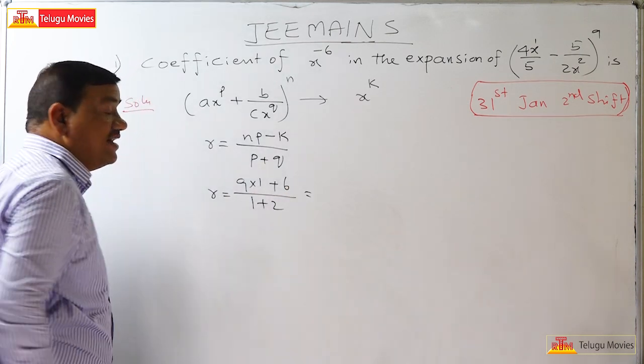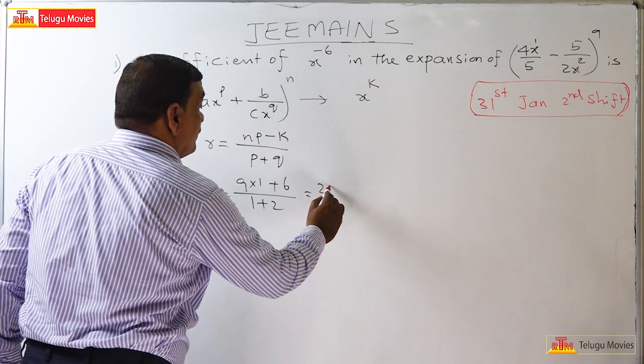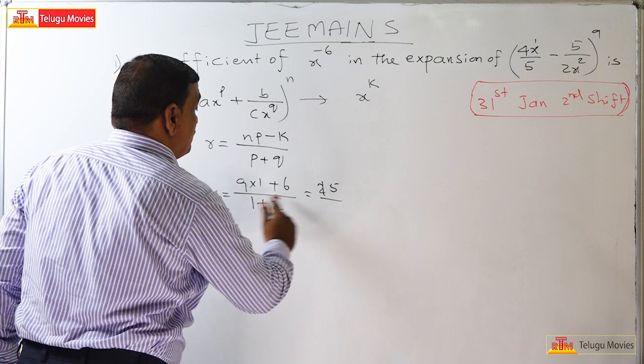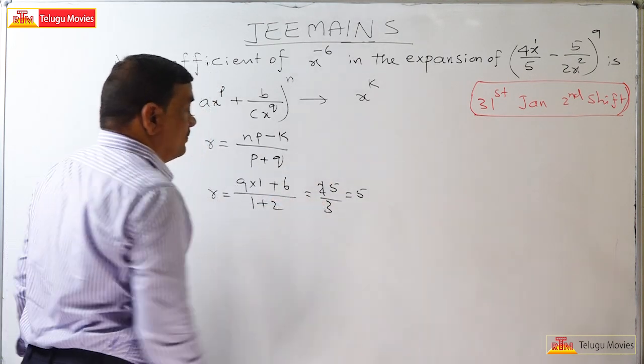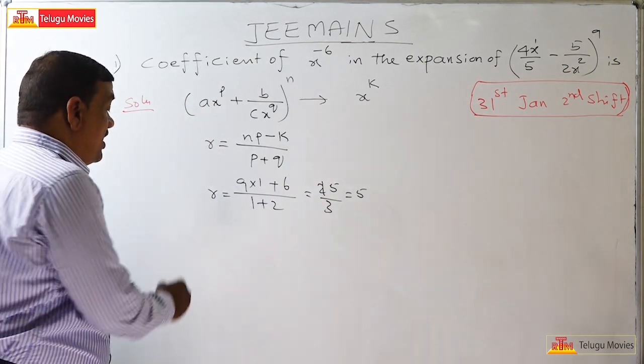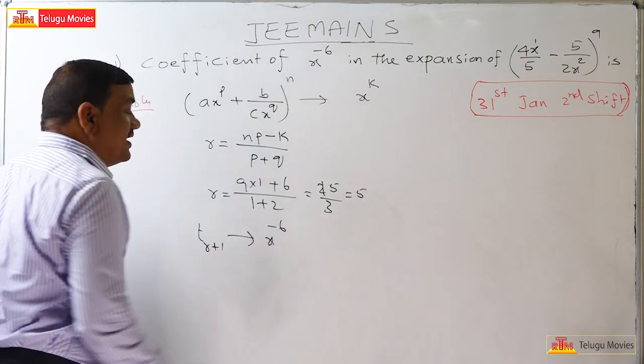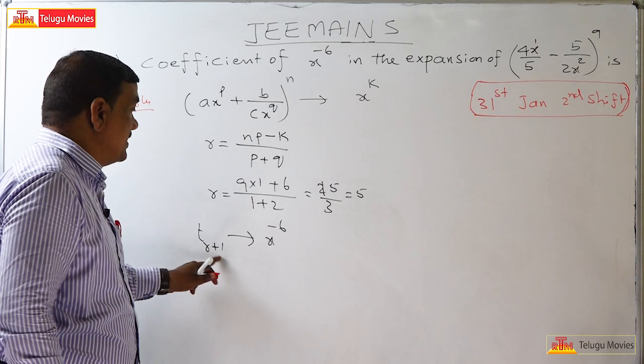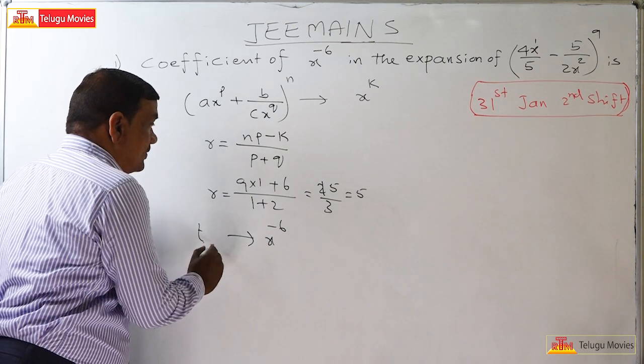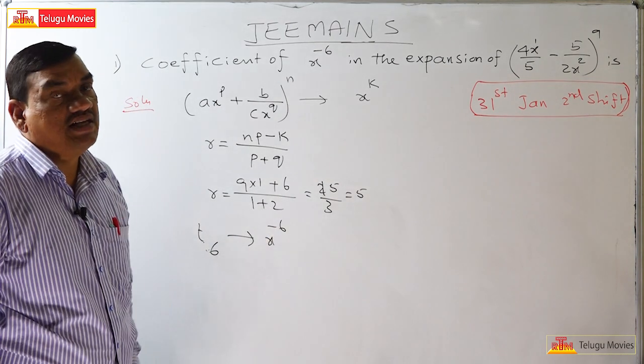That is 9 plus 6, 15 by 3, which is 5. Understand? Therefore the (r plus 1)th term contains x power minus 6. That means T6, the 6th term, contains x power minus 6.